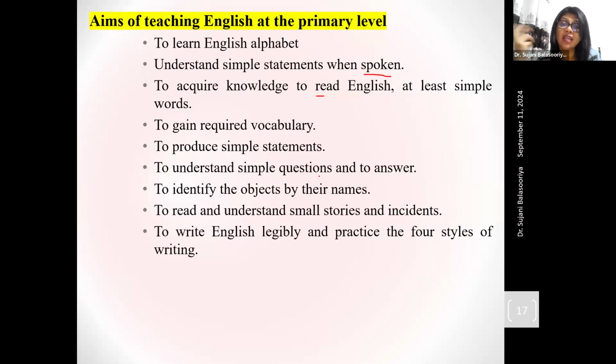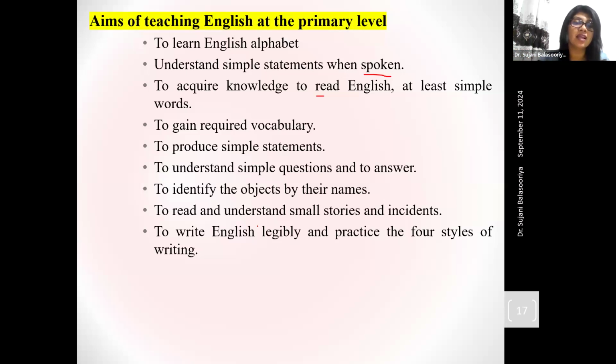Identifying and naming objects, and to read and understand small stories and incidents. That is reading comprehension, dealing with small stories or small incidents. They should be able to read and understand, and to write English legibly.